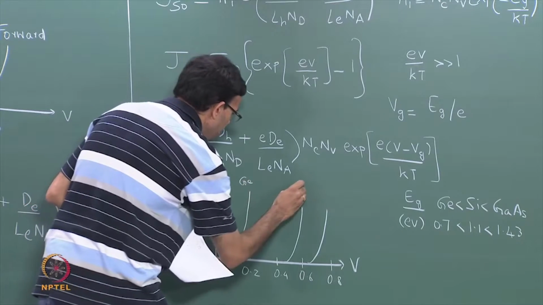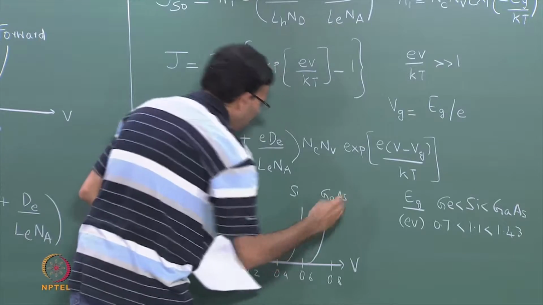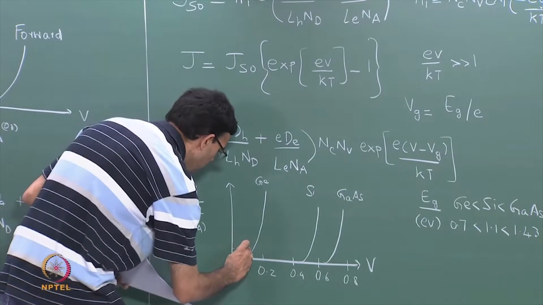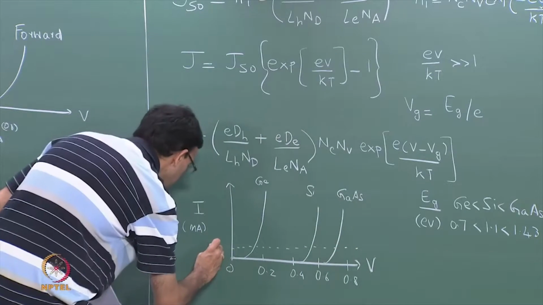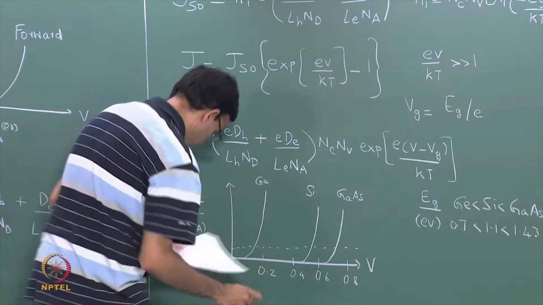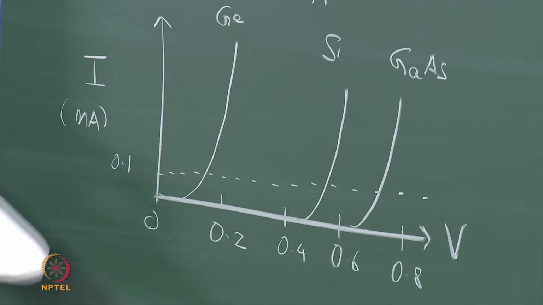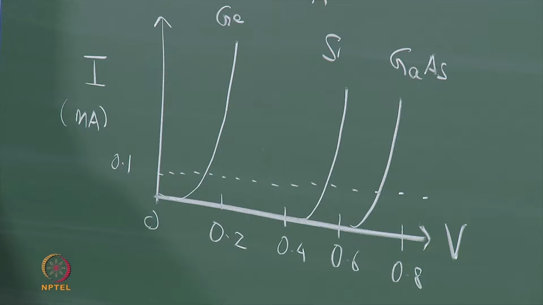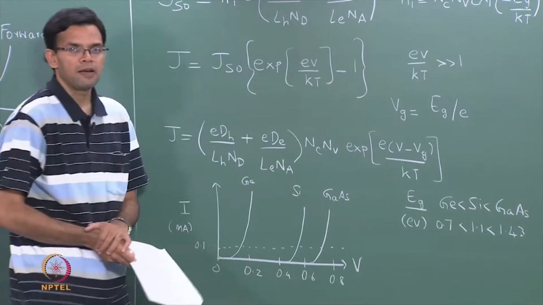So, germanium, silicon, gallium arsenide. So, that for a given value of current, so let us say I want the current to be 0.1 milliamps. The voltage is lowest for germanium, it is higher for silicon and it is even higher for gallium arsenide, and this is because you have Vg, which is the band gap in that expression.